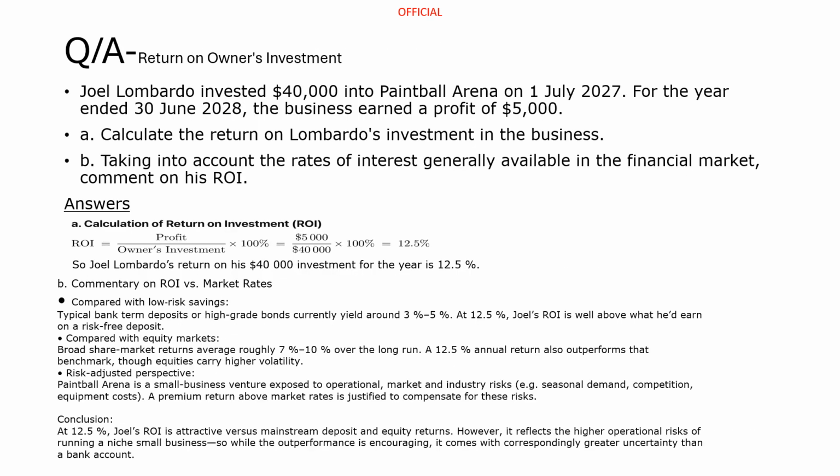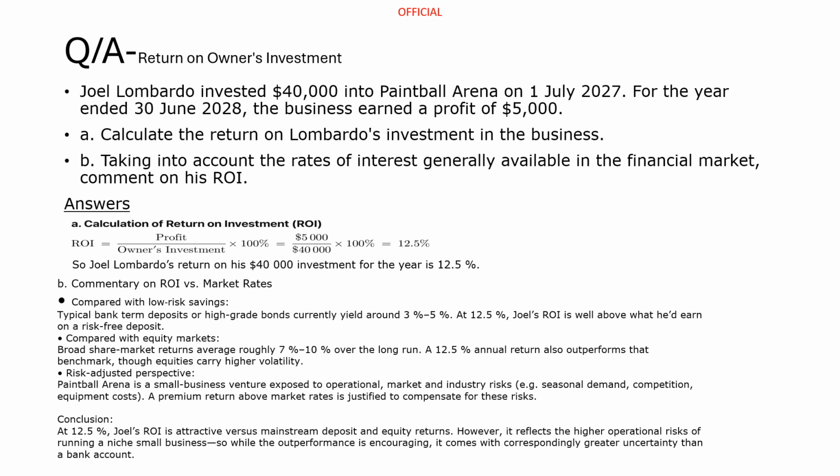In this question, we're talking about return on owner's investment, ROI. So J's ROI is 12.5%, calculated by dividing a $5,000 profit by a $40,000 investment and multiplying by 100. Compared to typical low-risk returns like bank deposits, which are 3 to 5%, or even the average share market return, 7 to 10%, J's ROI is strong.